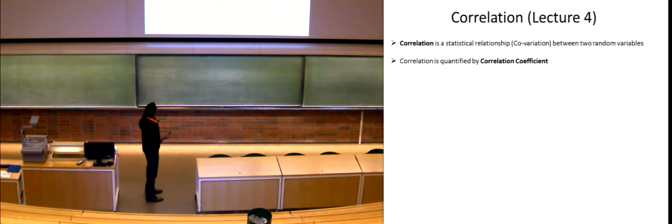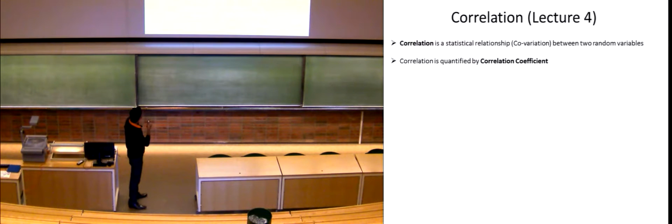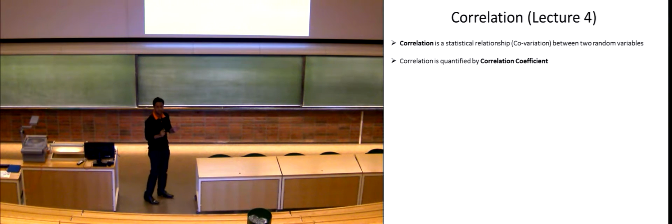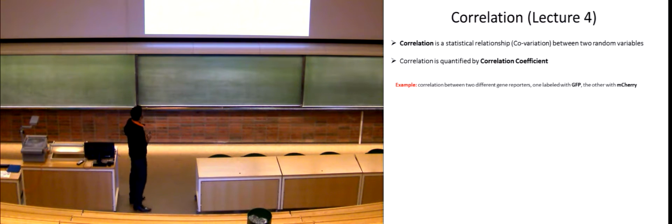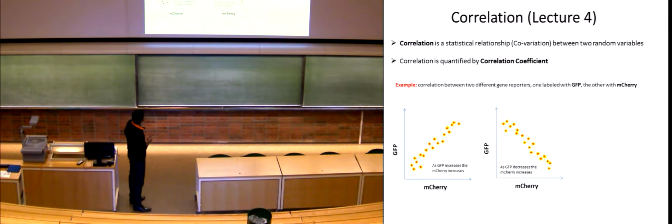So we have also seen last time that correlation is a statistical relationship. It is called a covariation between two random variables, and the way you quantify that variation is by the correlation coefficients, right? And we saw that example with GFP and mCherry last time. So the relation can be positive, where GFP increases and mCherry increases, or negative, where GFP decreases as mCherry increases, and there can be no relationship.